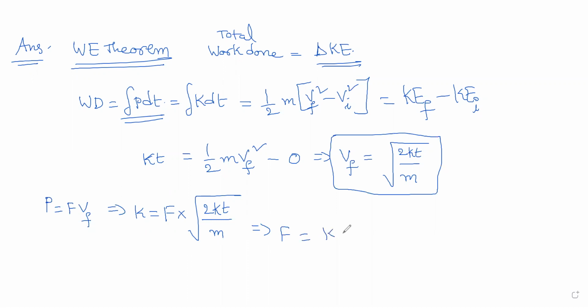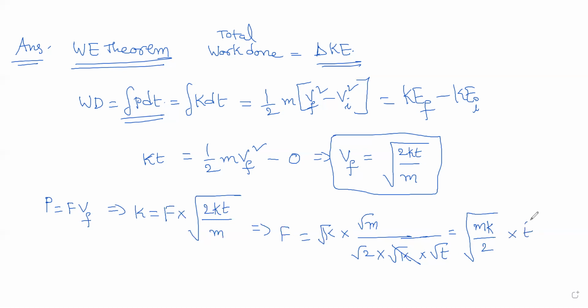That is k into root m divided by root 2 into root k into root t. Now root k and this k will go root k times. So it will be square root of mk by 2, and 1 by root t can be written as t power minus half. So that's your option A. That's the required force.